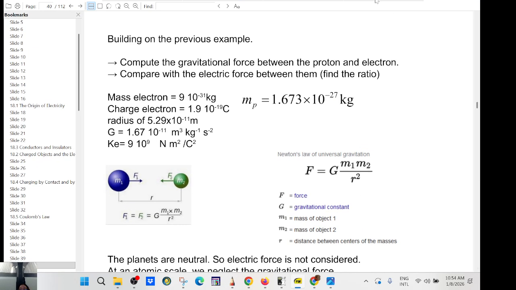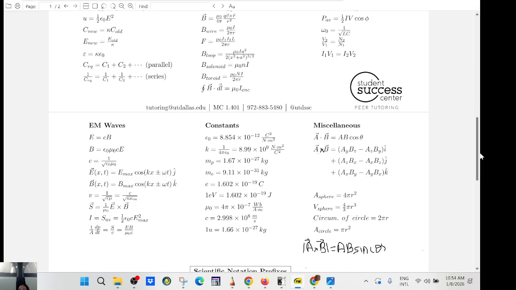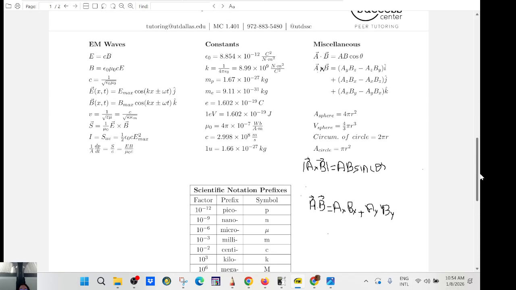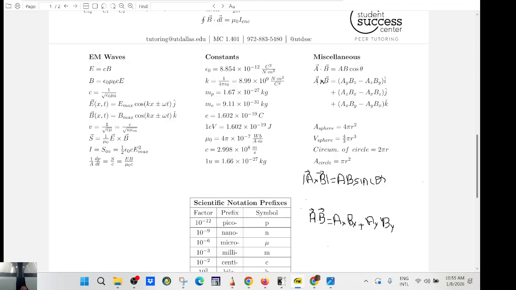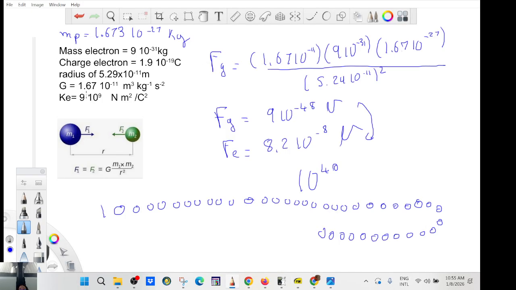It's just for the sake of the computation. But let's look here. Yeah, you're right. It should be 6.67. Okay, there is a typo here. It should not be 1.67, it should be 6.67. But it's fine. The ratio is the same. It's going to be about 10 to the 40.